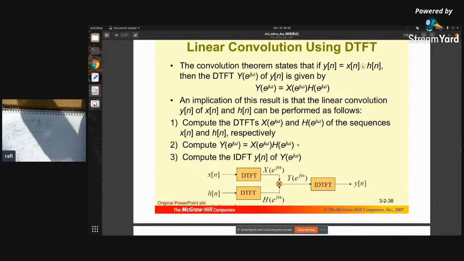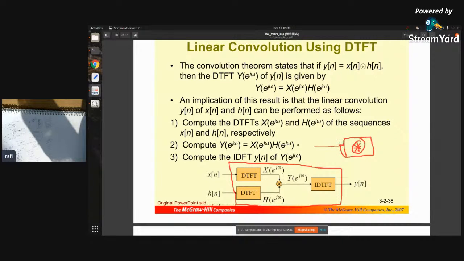This block from here to here is the same as convolution. So assume this is a convolution block performing linear convolution. Let us put a circle symbol.